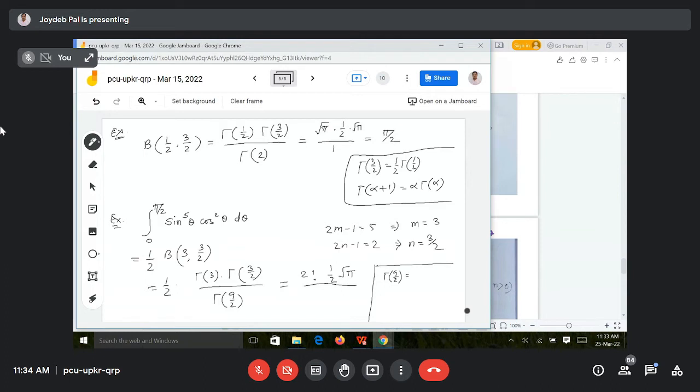So what will be the value of alpha? 7 by 2. So it will be 7 by 2 gamma 7 by 2. Then gamma 7 by 2 will be 5 by 2 gamma 5 by 2. Then gamma 5 by 2 is 3 by 2 gamma 3 by 2.